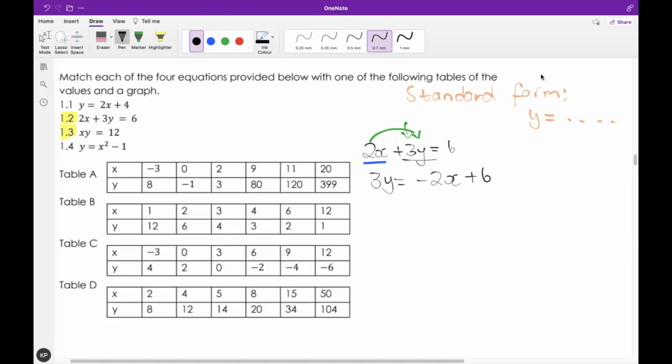Ma'am, I don't get it, where you said, how did you make negative 2x to be at the other side? Okay, Andile, we actually just used opposite operations. So we want the 3y to be on its own. Do you agree? Yes, ma'am. So I had a 2x and a plus 3y.